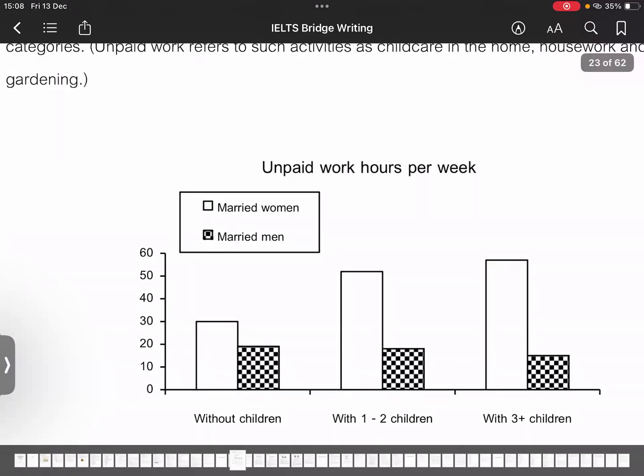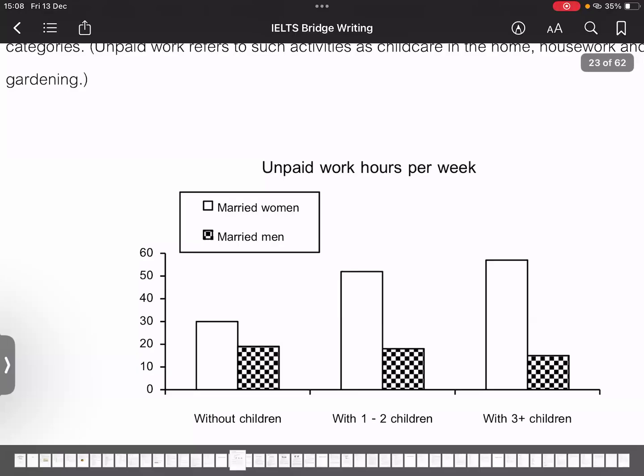Okay, so that is quite a leap from 30 when they have no children to 50. It's quite a big leap. But if you look at the number of hours men spend on housework, it barely changes. Okay, stays at 20 hours. Barely changes.